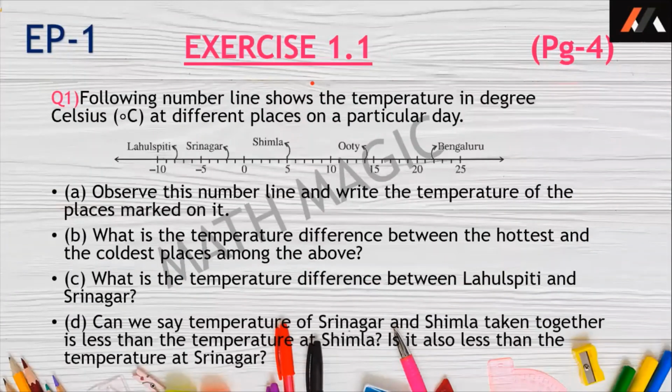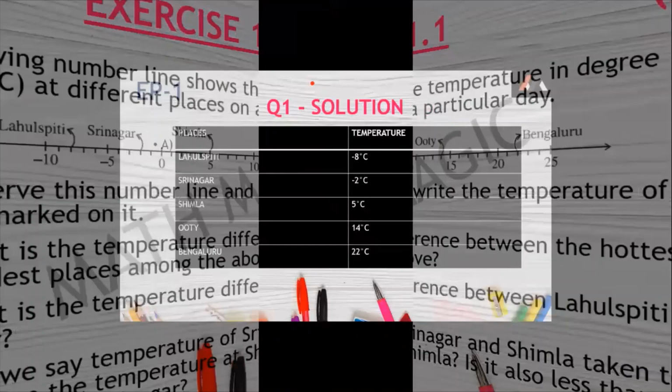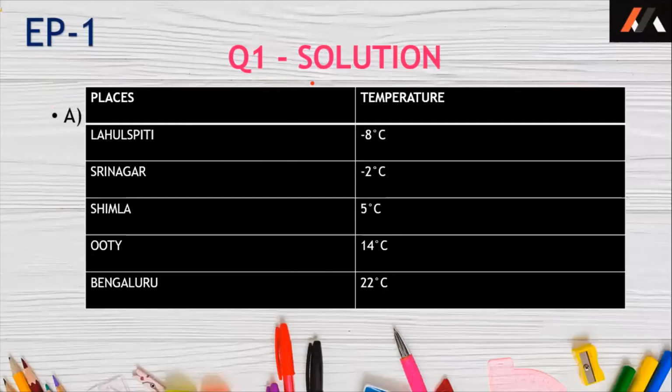What is the temperature difference between the hottest and the coldest place among the above? So first we have to identify which is the hottest place and which is the coldest place. When we take a number line into consideration, the portion towards the right side of 0 is the positive side and towards the left side of 0 is negative.